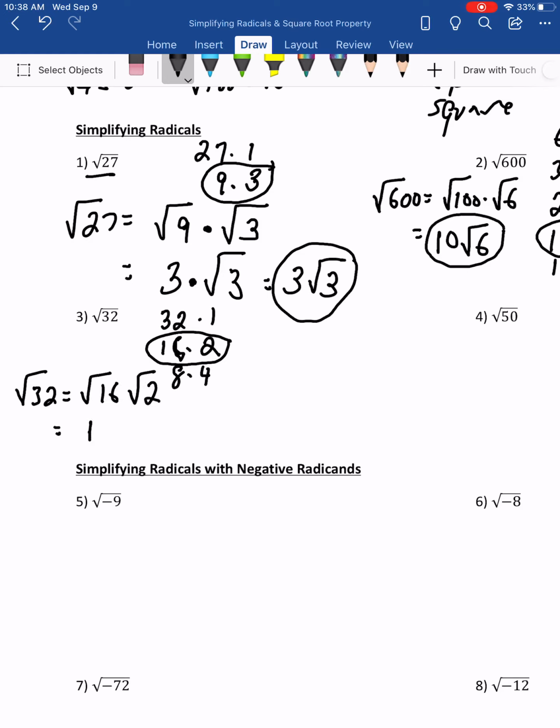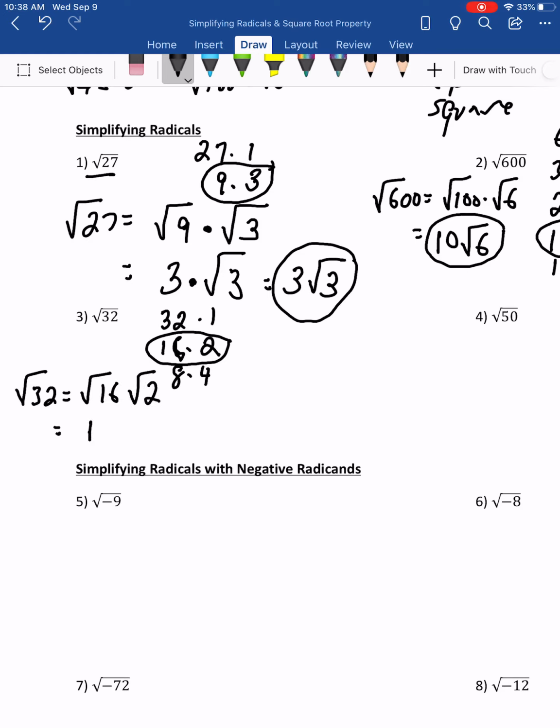The only perfect square we have on this list is the 25, so we're going to use that pair. So we'll say square root of 50 is equal to the square root of 25 times the square root of 2, which is equal to 5 times the square root of 2.